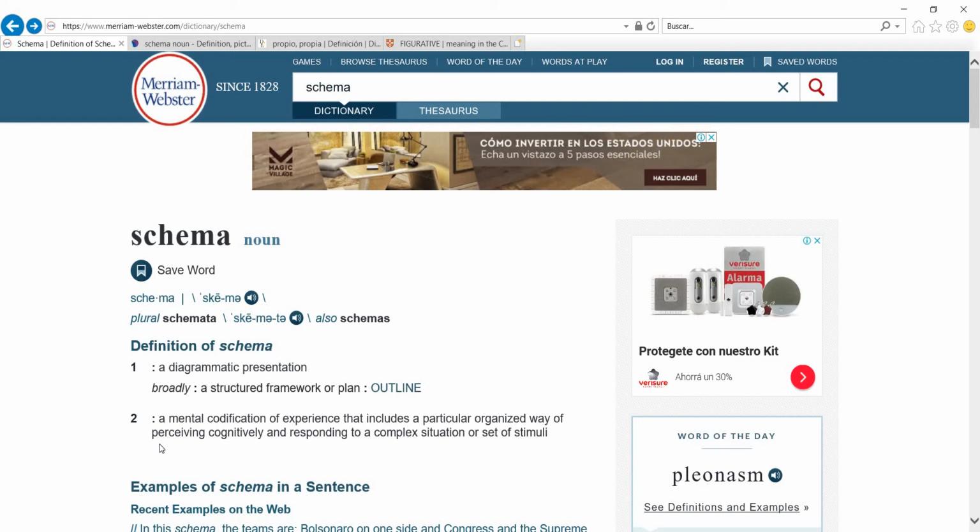Let me give you examples that are very simple. If you think about a university, your mental schema will think of classrooms, teachers, offices, heads, and whatnot. Even a canteen will be part of your schema.